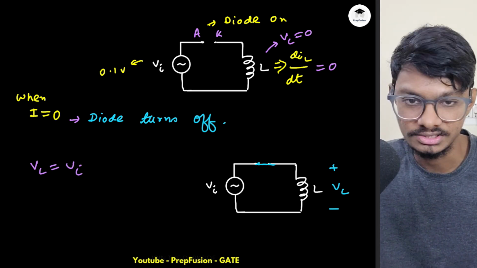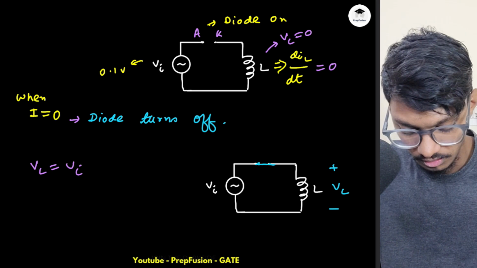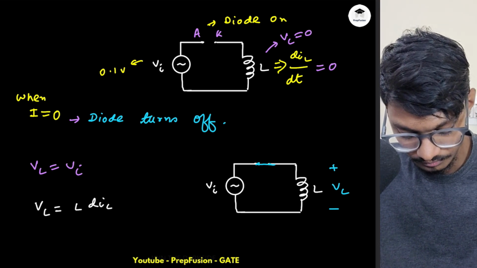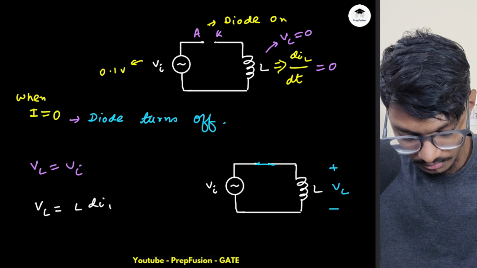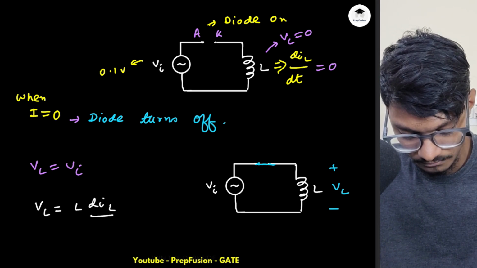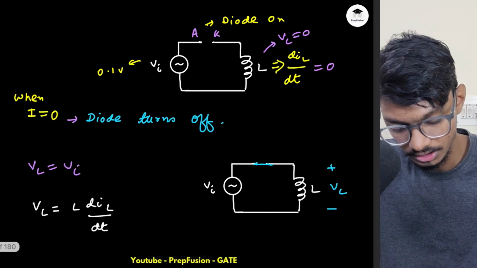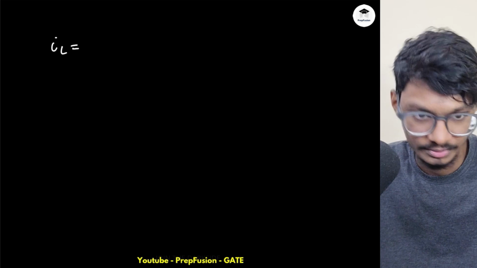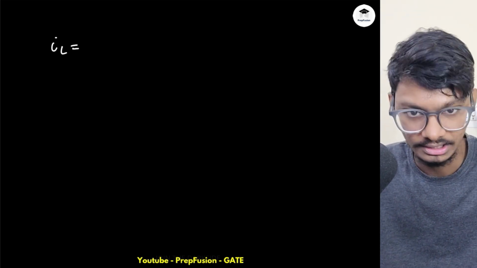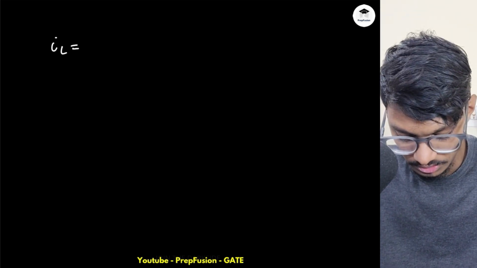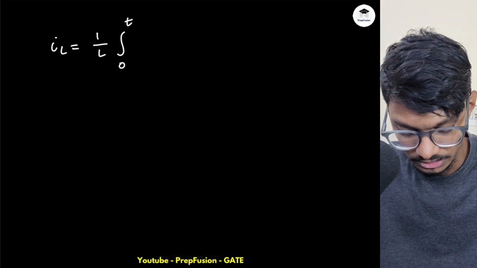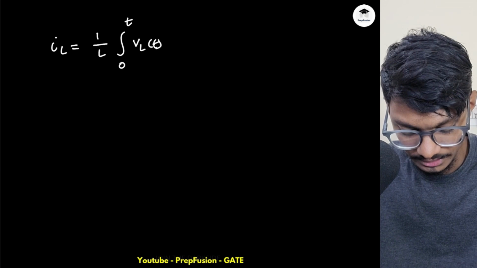Now if we know the voltage, we can find out the current. So I know VL equals L diL by dt. So what will be iL? I will start from 0 because before 0 there was nothing in the circuit. So it is 1 by L integration 0 to t of VL(t) dt.